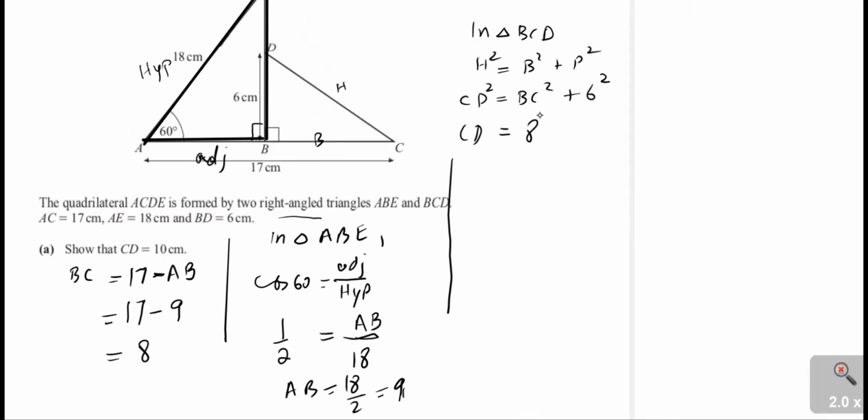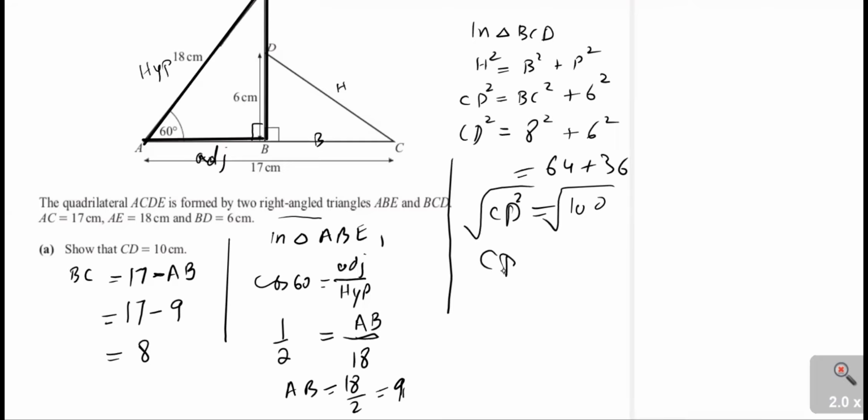We can write CD square equals 8 square plus 6 square, and this is 64 plus 36 equals 100, and we can calculate this CD value by taking the square root on both sides. We get the answer CD equals 10, and this is the proof. The value of CD is 10.